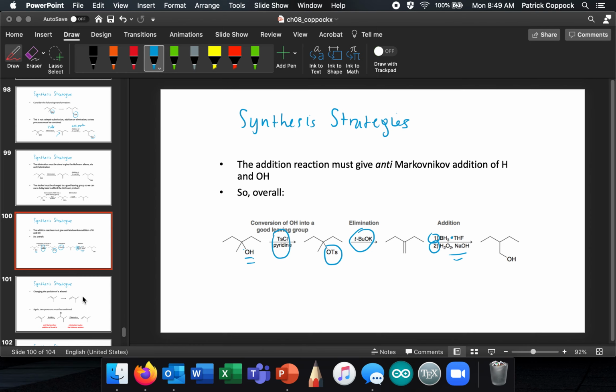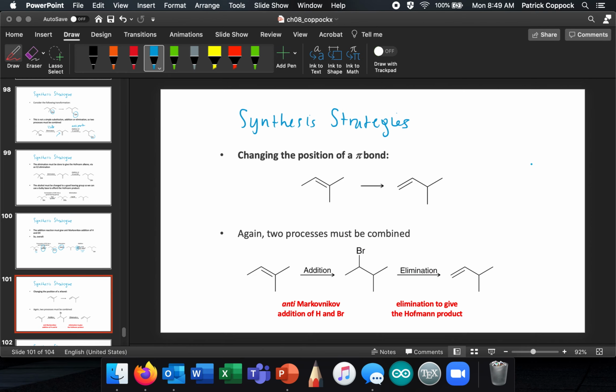Very powerful. All right, what about if I'm changing the position of a pi bond? Right, so here I've got the more substituted double bond, and over here I've got the less. Okay, so this is clearly going to be a Hofmann. I'm going to be doing a Hofmann elimination. Can you see what I'm doing here? I'm first of all adding a functional group, and I've got to add the functional group anti, right?